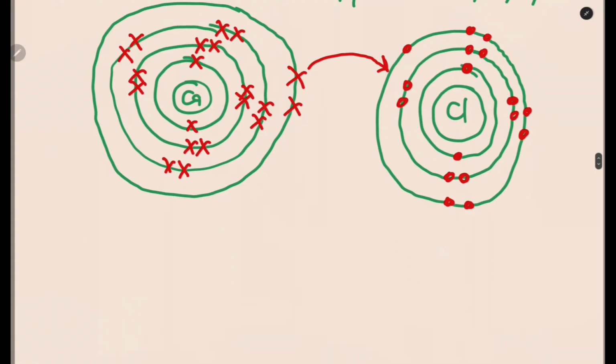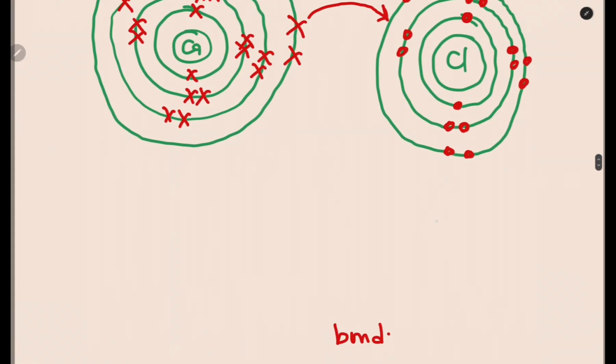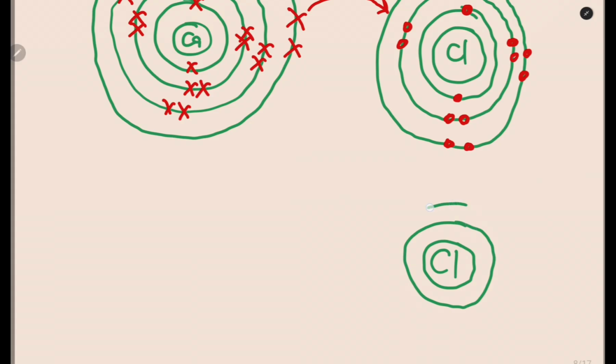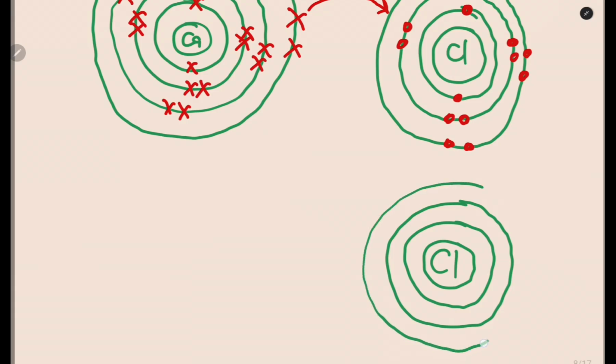So therefore, I need to draw another chlorine, so that the 2 electrons that are lost from calcium are used by chlorine. That is the reason why calcium chloride has 2 chlorine bonded to 1 calcium. So I'm going to put up another chlorine here.